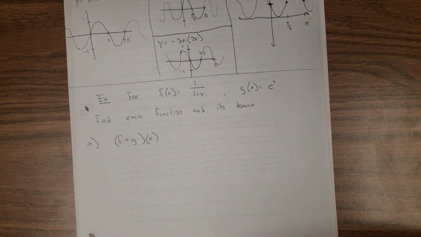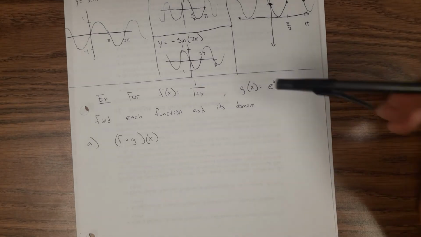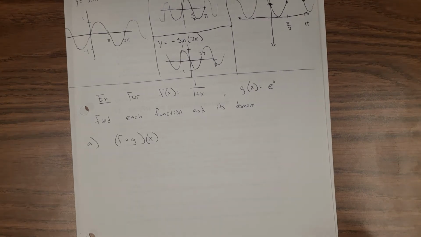Let's talk about composite functions and their domains. Here I have an f of x and a g of x, and I want to find f of g of x and its domain.